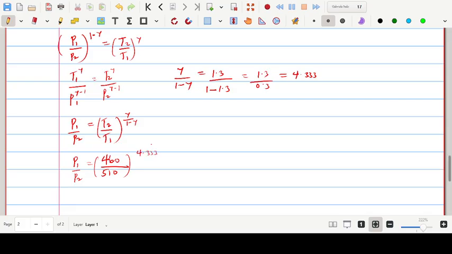Is that okay? So doing that, I have 460 divided by 510, which gives 0.90196. Then this answer raised to power 4.333 gives 0.